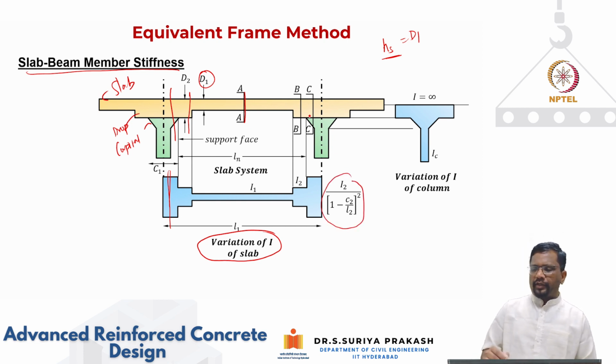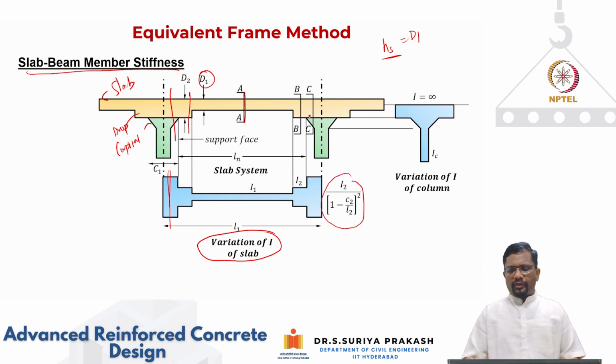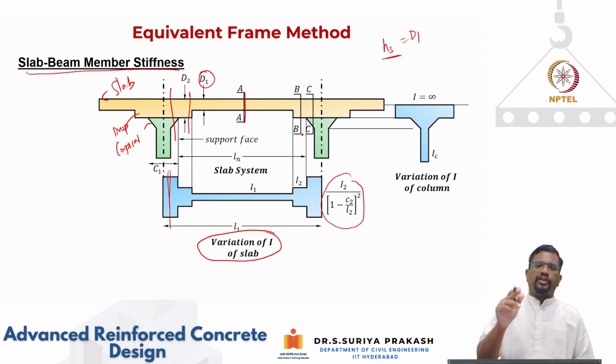Now, at the column capital region or at the column region, we can see at C, we can calculate the moment of inertia from what we have from the drop panel, which is I2 divided by 1 minus C2 by L2, the whole squared. Now what is C2? C2 is the column dimension in the transverse direction, and L2 is again the width of the frame in the transverse direction.